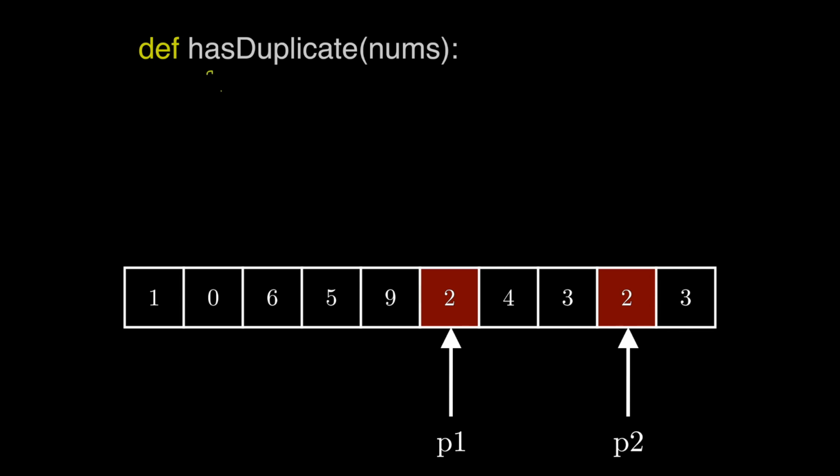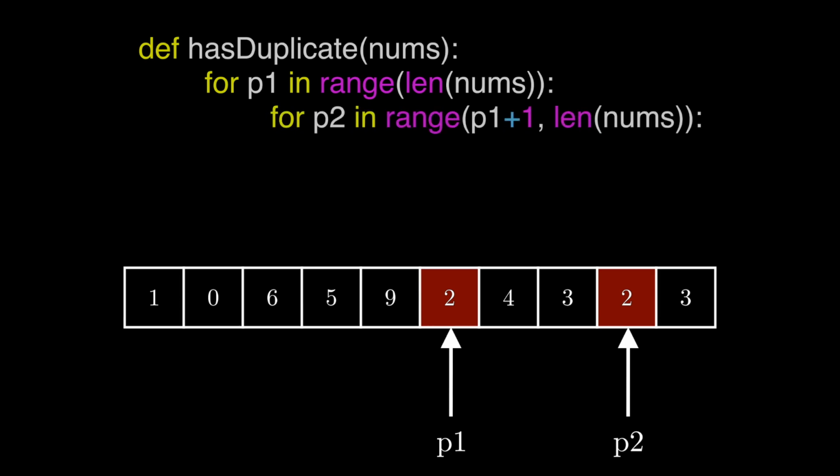This next line is saying that P1 will start at 0 and will go up to the length of nums. P2 will start at P1 plus 1 and also go up to the length of nums. This is nothing but a nested for loop.